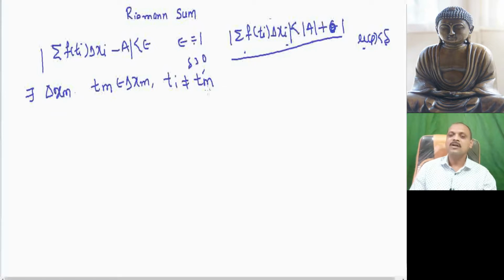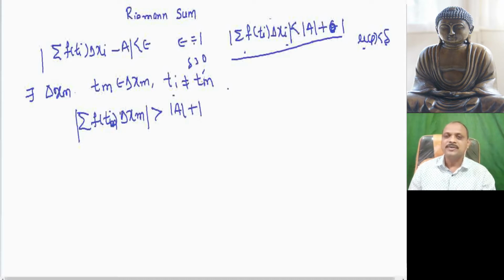Then it is possible that f(tm) Δxm is greater than mod A plus 1, as the function is not bounded. If it is not bounded, there is a possibility that there are some values for which the function is greater than mod A plus 1.